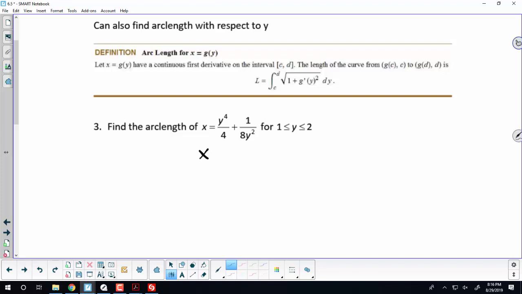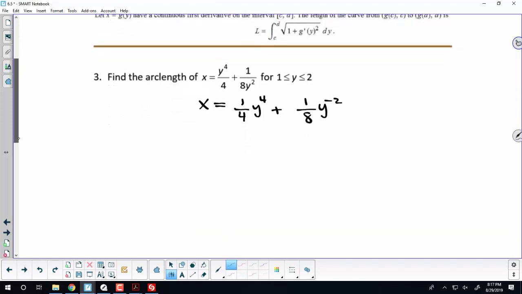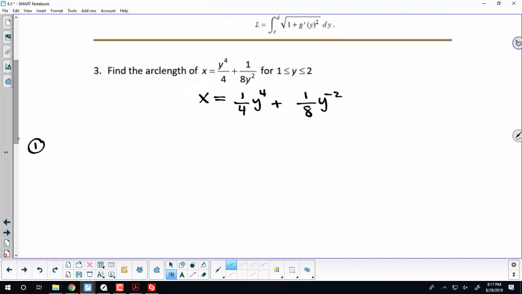So let's, I don't know how you like to look at these. I'm going to look at this as 1/4 times y to the 4th plus, because I don't have to take the derivative of this, 1/8 times y to the negative 2. So just in preparation to take the derivative. So x prime, derivative with respect to y.